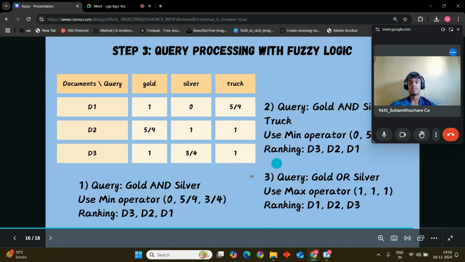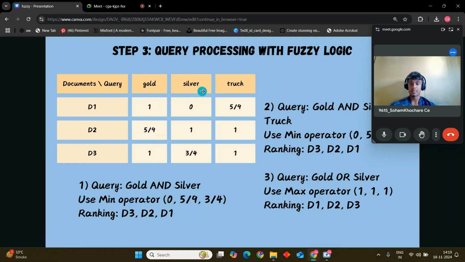Then for the query processing with fuzzy logic part, if we have the query gold and silver, we take up the minimum operator. So over here, using gold and silver, gold is over here and silver is over here, we take up all the minimum elements. So out of this, the minimum is 1, and for D1, the minimum is 0.